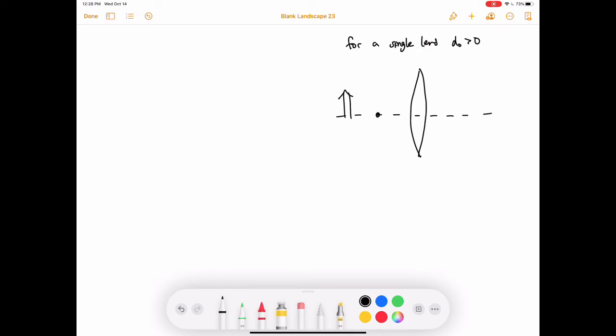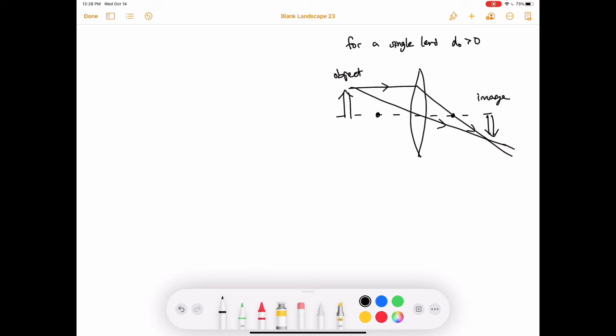Let's say there's a focal point here and here. Okay, so one of the rays goes parallel to the optical axis and then out through this focus. Another ray we could draw would go straight through the center of the lens like this. So you can see an image forming over here. So here's our object, here's our image.